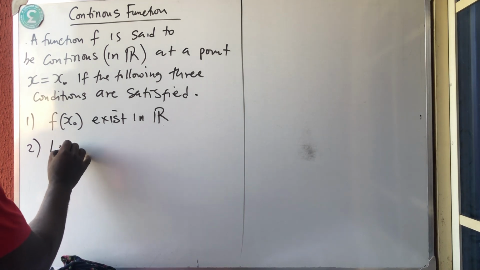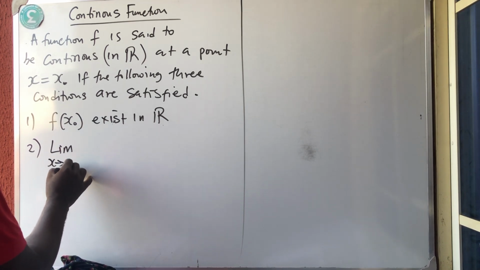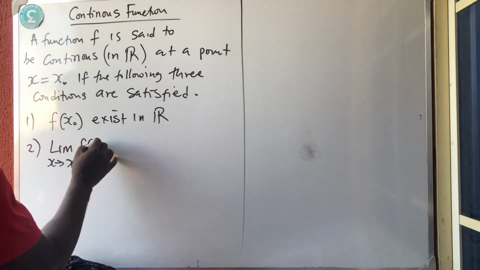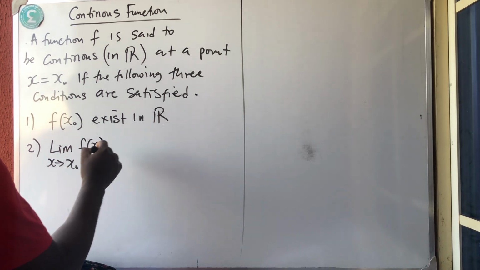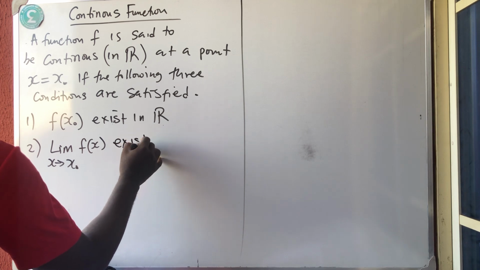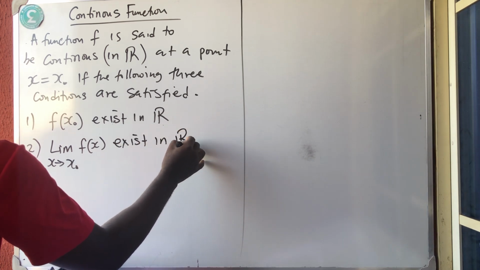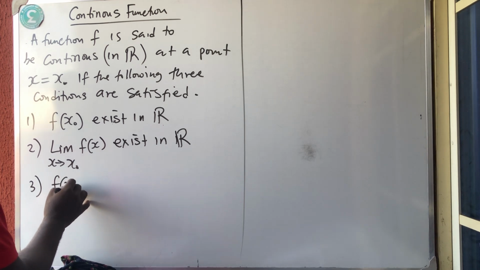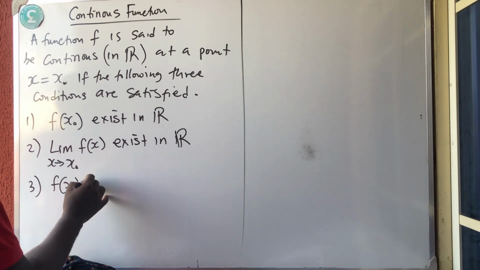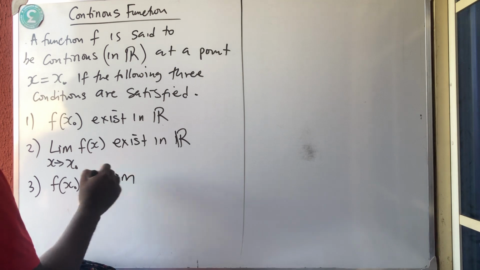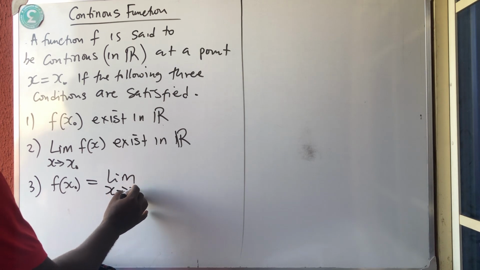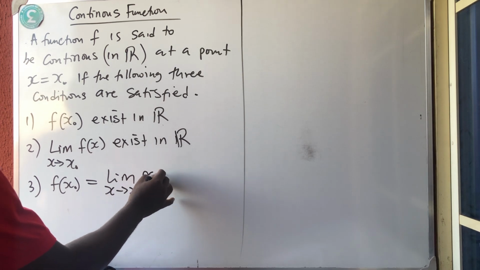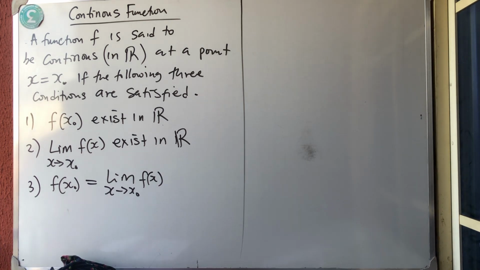The limit of x tending to x naught of f of x exists in R. Then finally, f of x naught must be equal to that limit. So once these three things are satisfied, we conclude that the function is continuous.